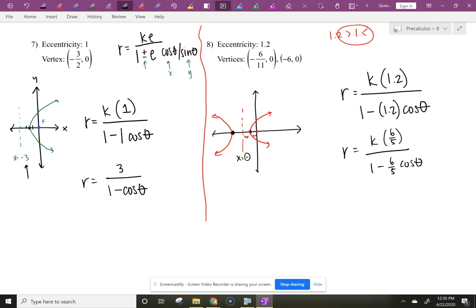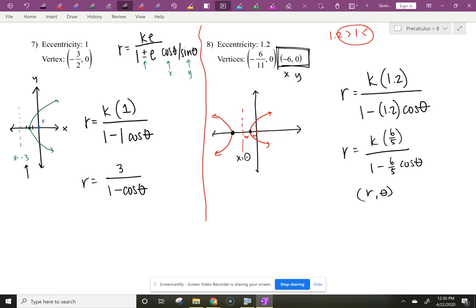However, I do have some points that work, right? I have this point right here, which is negative 6, 0. Now be careful. That's x and y, and this equation is r and theta. But luckily, I know enough to say that negative 6, 0 would work in an r theta problem. It would work beautifully.